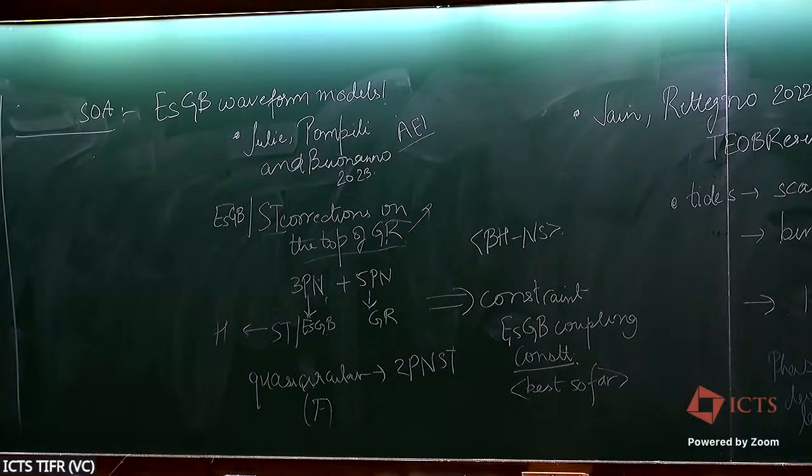Anything can happen, it is degenerate with spins, with tides, and other physical effects that can enter into the system. So we also need to develop ESGB or scalar tensor waveform models for eccentric orbits, spin-orbit, spin information, tidal information, and other things.